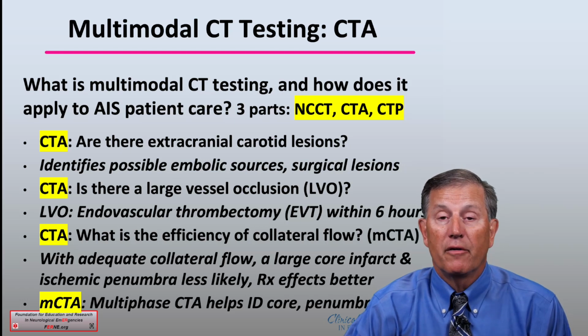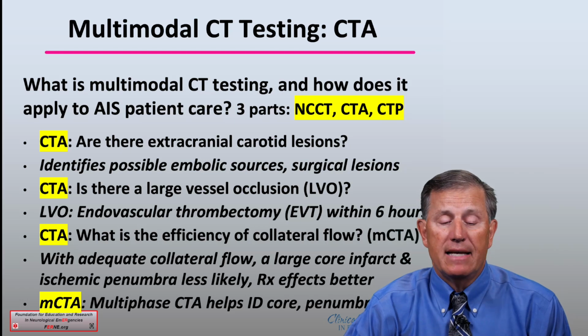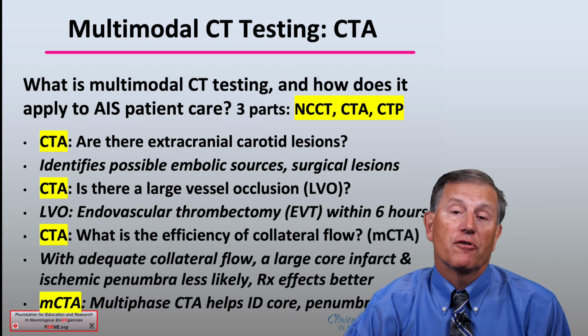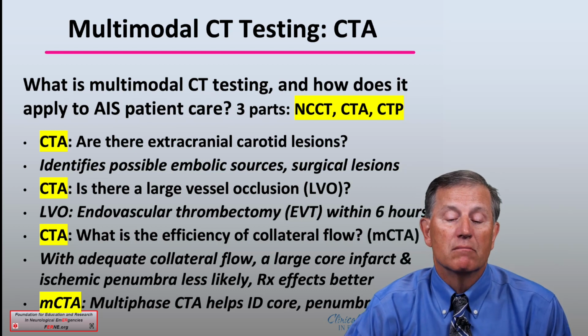In other words, are there lesions in the internal carotids that might be a possible source of embolism and or the presence of surgical lesion in the carotids in the neck? Next, we ask on CTA, is there a large vessel occlusion? We know that with large vessel occlusions, patients benefit from endovascular thrombectomy or EVT therapies within 6 hours.